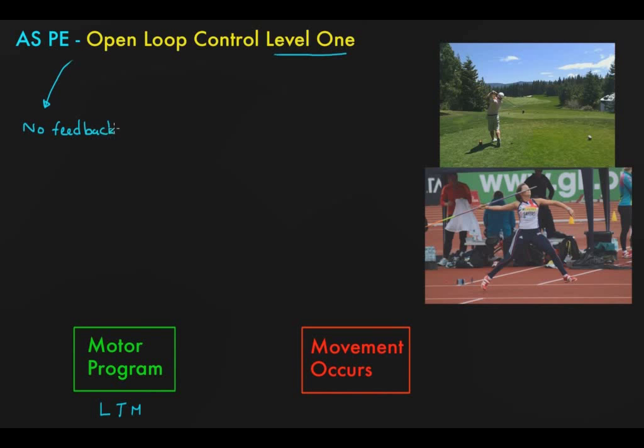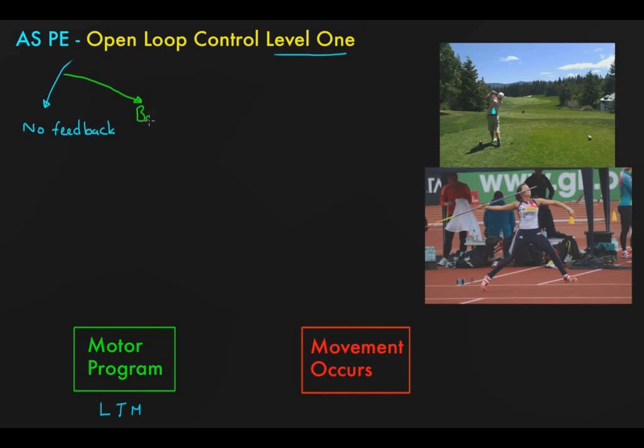So let me give you an example of that. Let's take this golfer here. As soon as this golfer has prepared their club into the backswing position, the club comes down so fast, so rapidly, that between the time of preparing the backswing and then striking the ball, there is no feedback back to the golfer. And this is the case because the movement is what we would describe as ballistic.